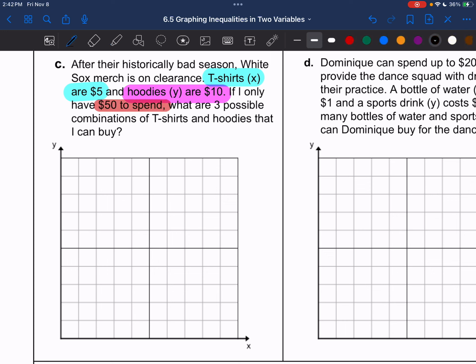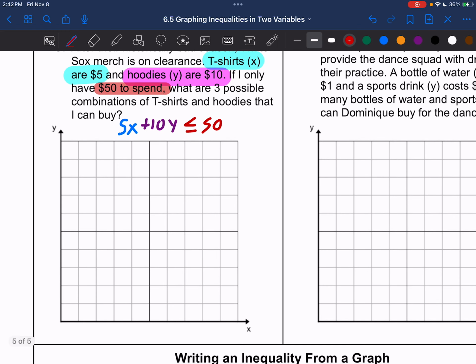So let's write our inequality. So t-shirts, so we've got 5X plus 10Y is going to be less than or equal to $50. So let's label our axes. Well, let's find our intercepts first. So if we've got 5x is less than or equal to 50, divide by 5, x is less than or equal to 10.